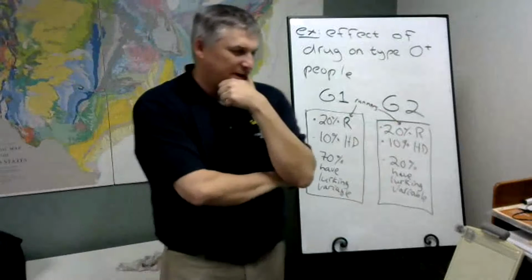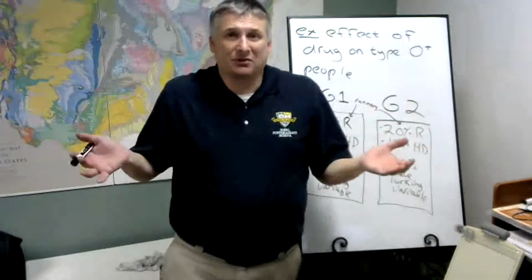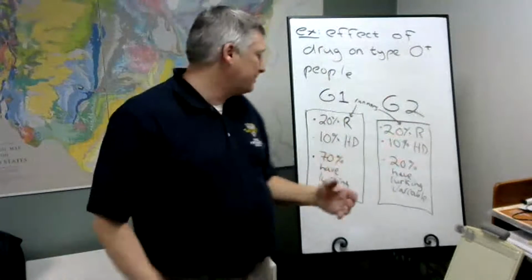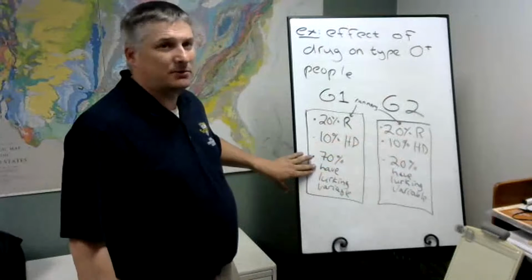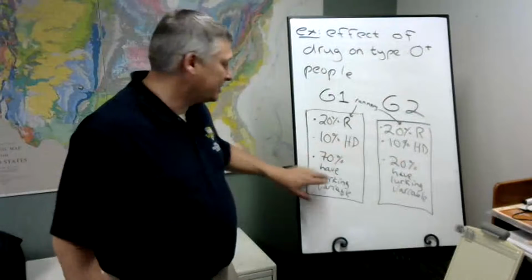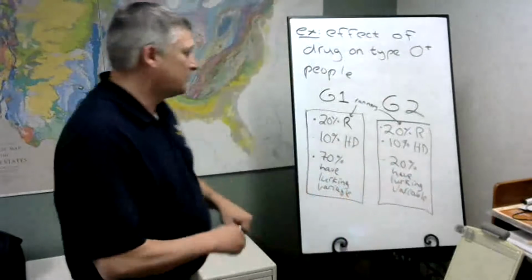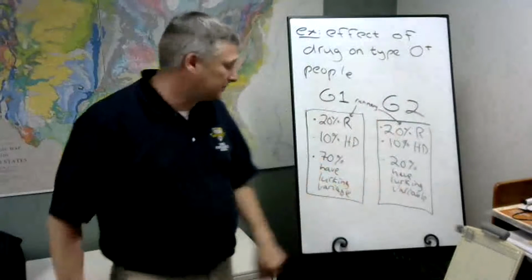Now, what this lurking variable could be, it could be like an allergy to this particular drug that nobody imagined. And then just so happens that the way we split everyone up, okay, this is balanced, but over here, 70% of the group has the allergy, only 20% over here do. And so this is going to cause problems in our results.